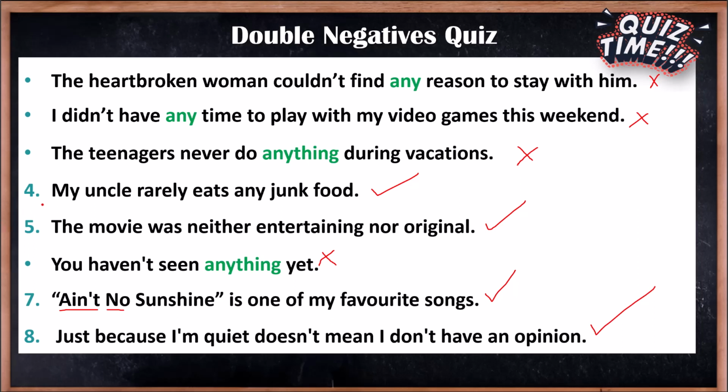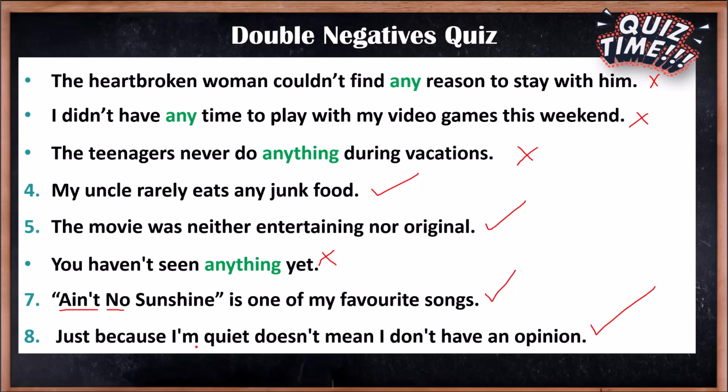So this sentence does contain two negatives, but they are not used together to negate one thing. The negatives are used in different parts of the sentence. Let's read the sentence again. Just because I'm quiet doesn't mean I don't have an opinion. What this person is trying to say in this sentence is that, yes, I am quiet, but I do have an opinion.